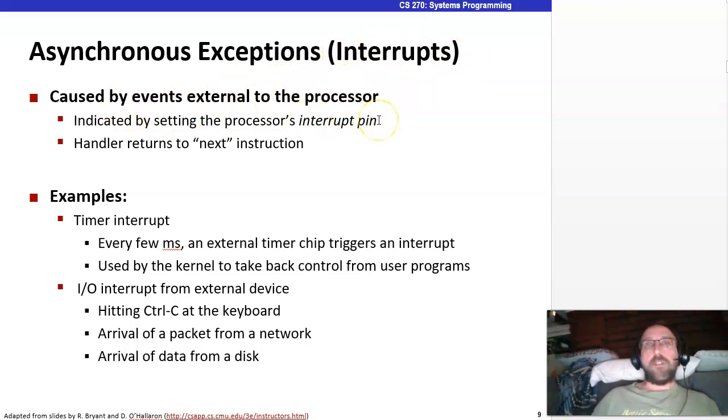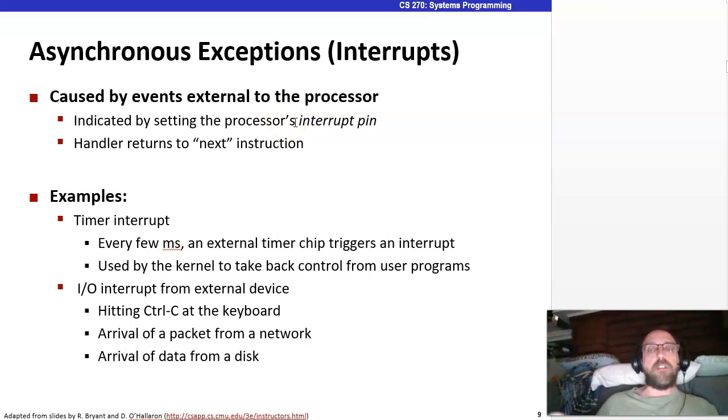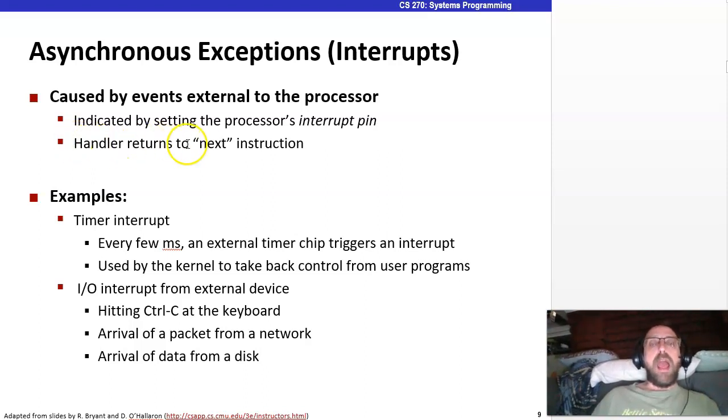So most processors, x86-64 included, have a pin or a series of pins where if something sends a signal on that pin, maybe if the pin's voltage is raised too high, 1.75 volts or 3.3 volts or whatever that is, depending on our processor, the CPU will detect that and jump to a particular one of those exception handlers. Typically, the operating system handler for that will do whatever it needs to do to handle the notification we got from the hardware, and then goes back to the program, to the next instruction.